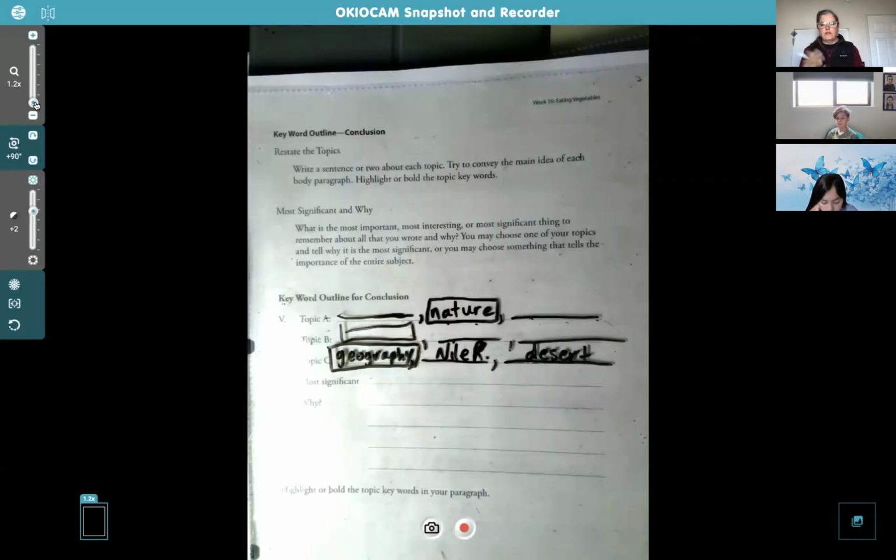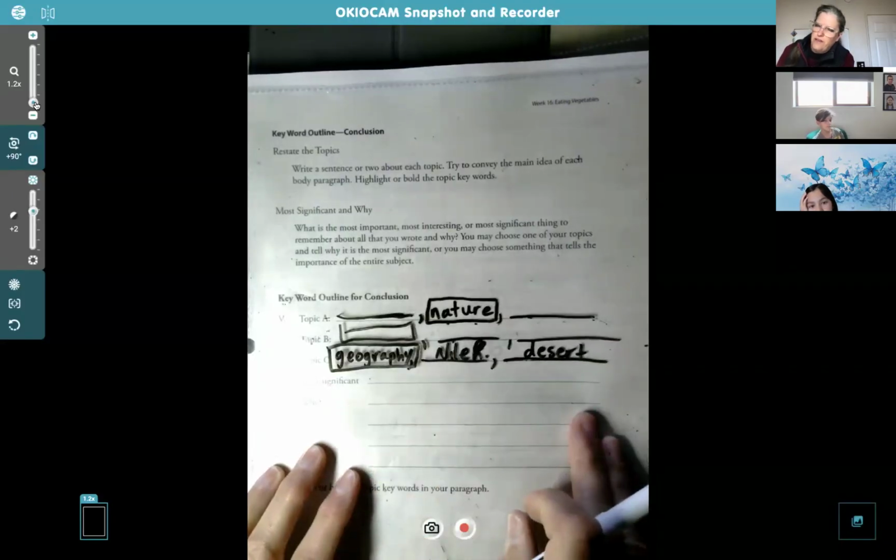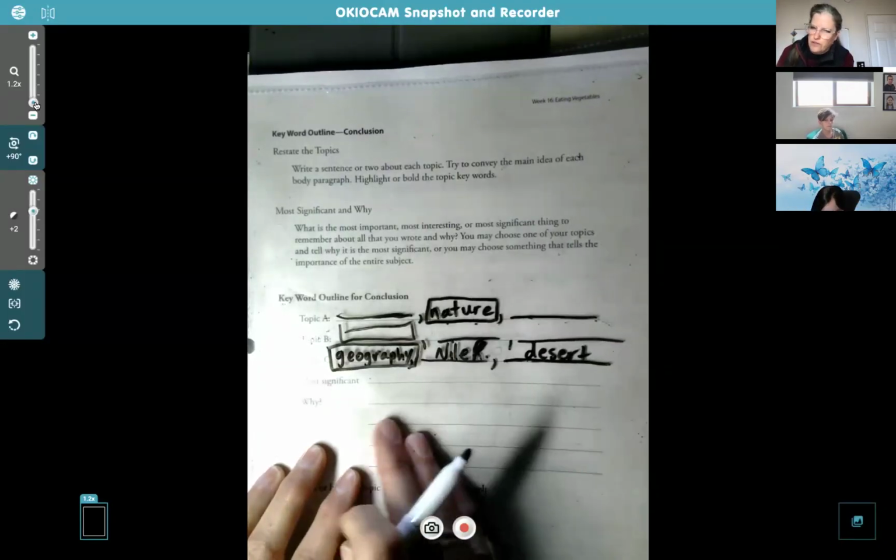What is one thing you want your reader to remember about it? Can you think of something, Lizzie, that you want somebody to remember about Japan? The culture. Okay, that's a good one. I like that too. So you could say something like, and let's just write it out. I think it's nice to have the whole sentence here.